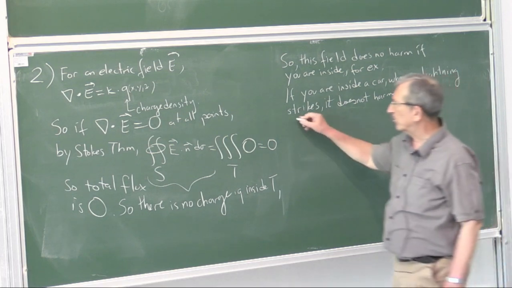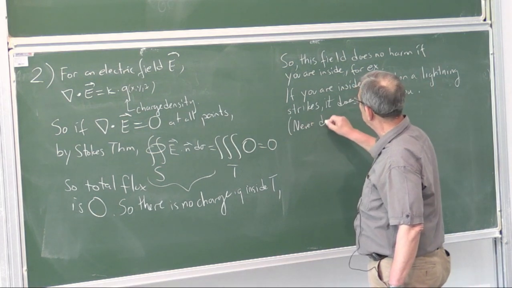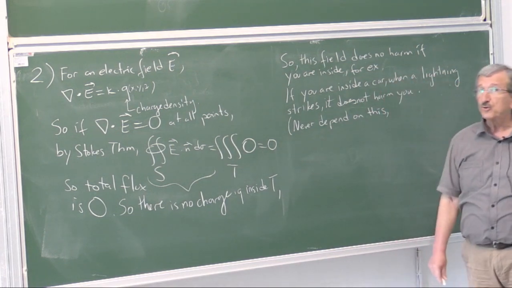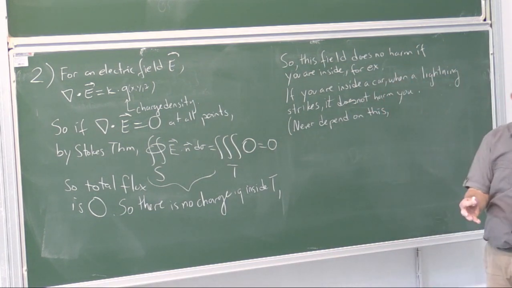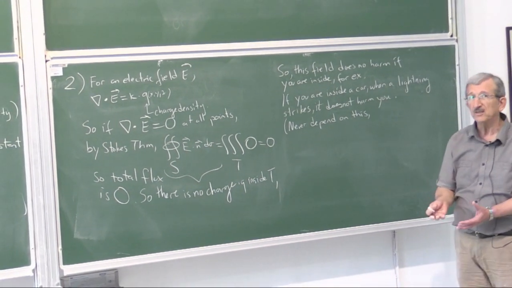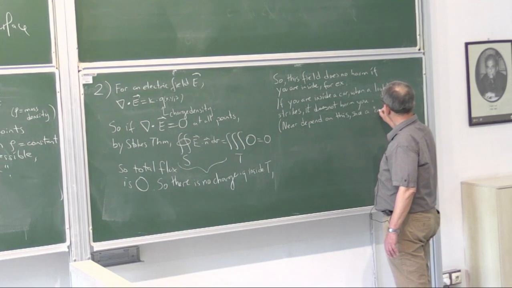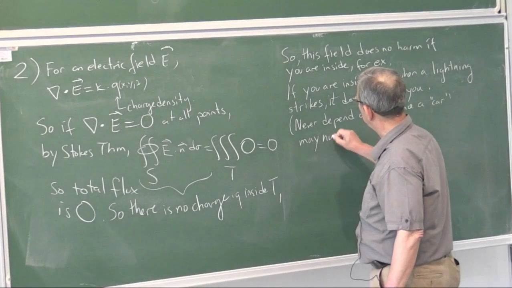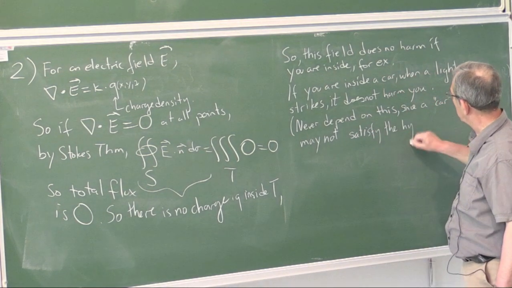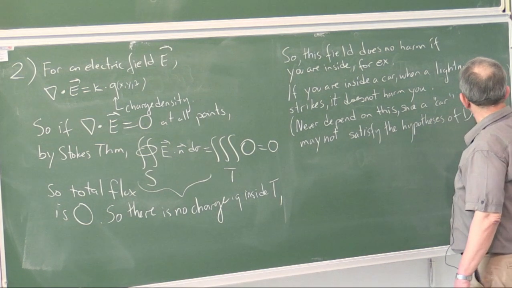But of course, never depend on it. You are not sure that a car, which is a closed surface, satisfies the hypotheses in the divergence theorem, which we did not cite here.